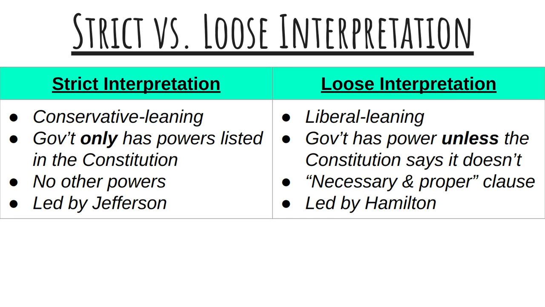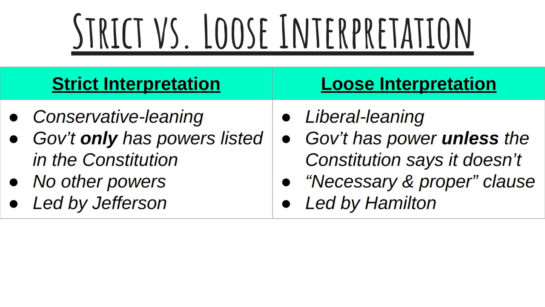That idea and that approach was led by Thomas Jefferson. Liberal justices, on the other hand, give more freedom and wiggle room to government, giving them more power. They believe that unless the Constitution specifically, directly, explicitly says that you can't do it, then the government can.